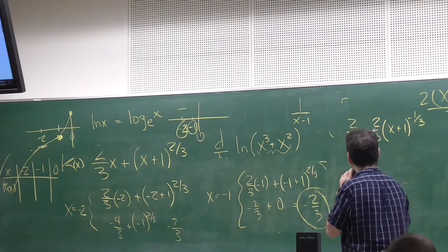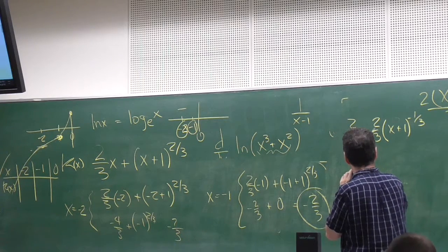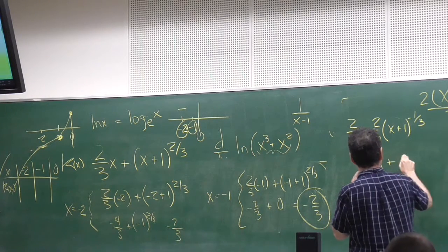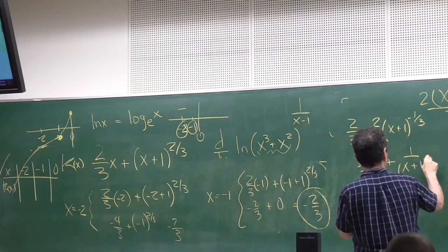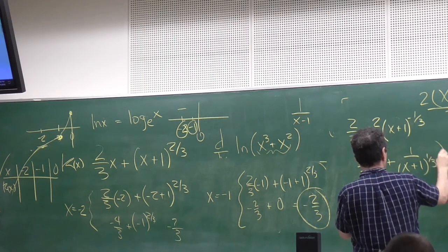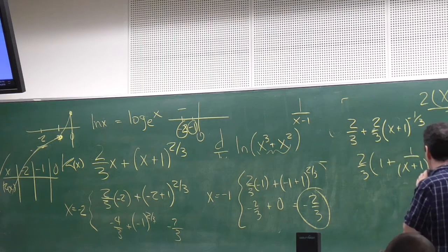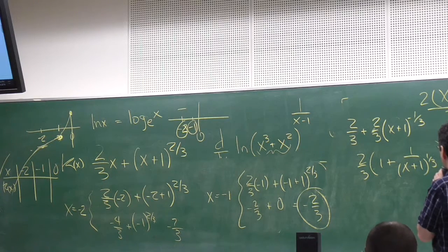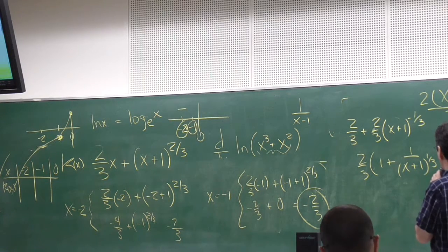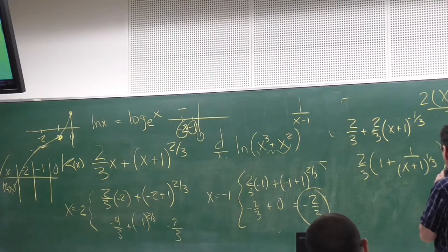Right? This is 2/3. The derivative does not exist at -1. Yeah. So what do we have to do?